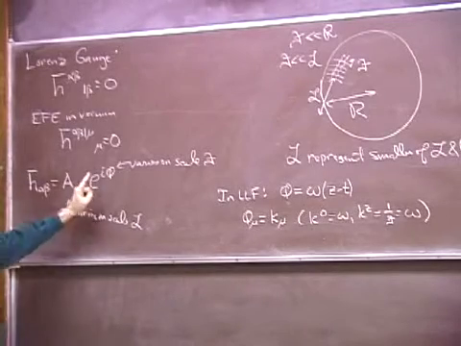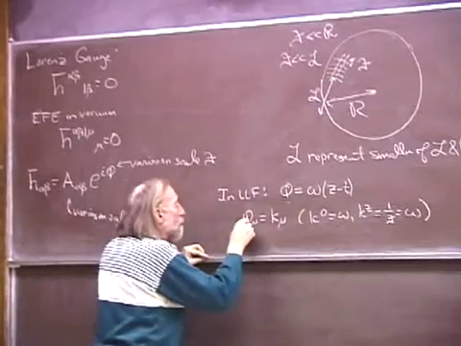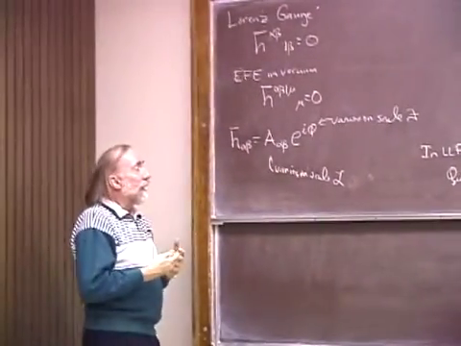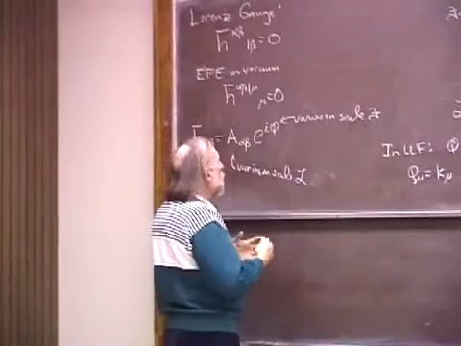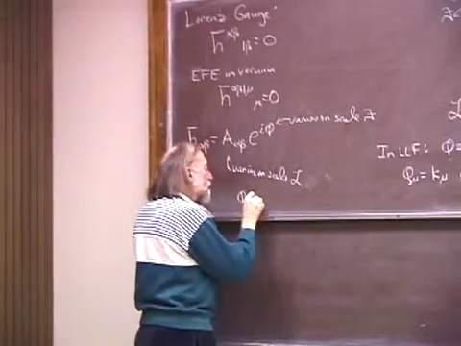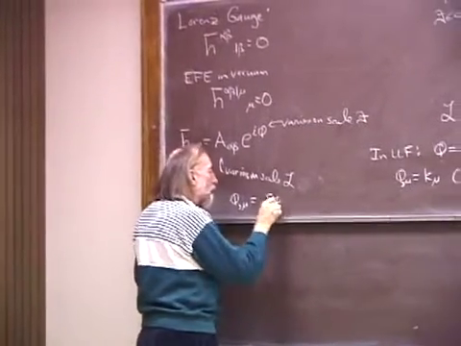That means over here, because that's phi comma mu, in any kind of basis you wish, phi comma mu is still the gradient of phi. Those are the components of the gradient of phi.